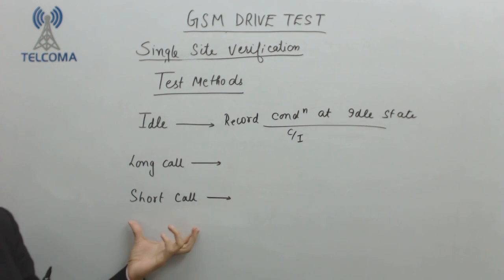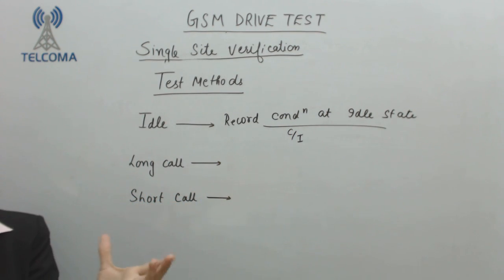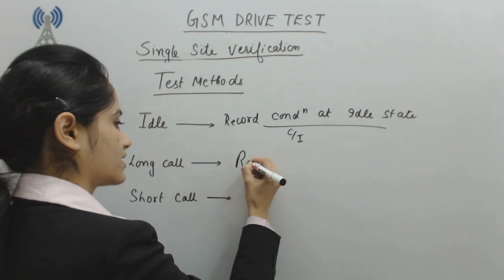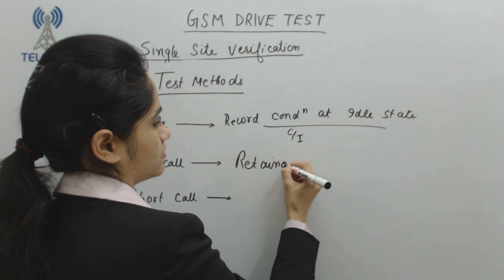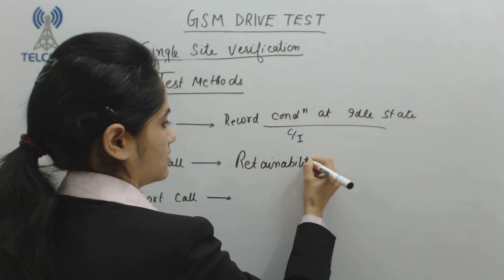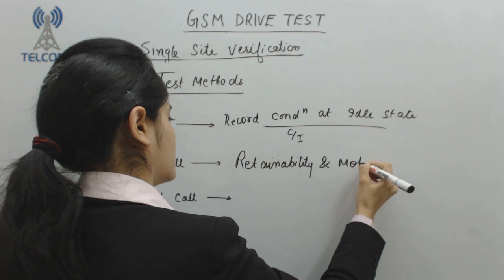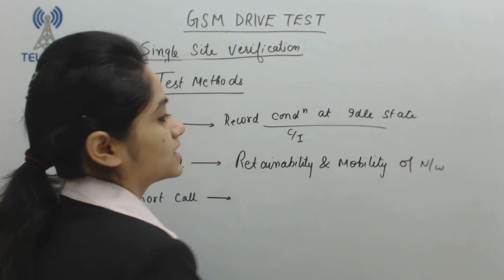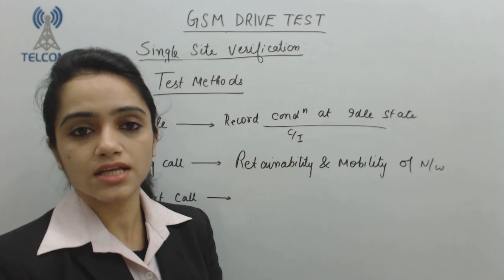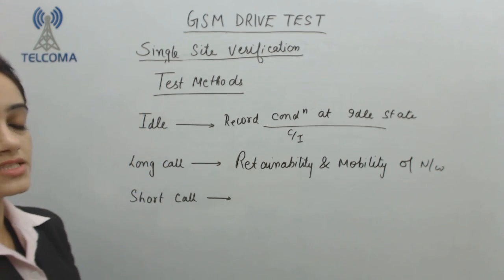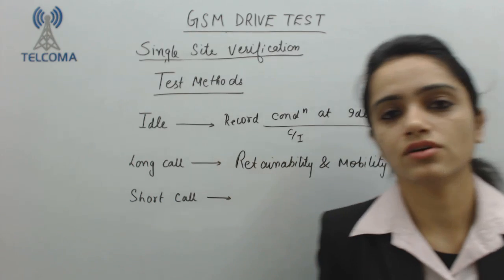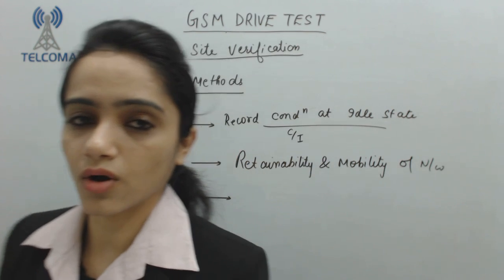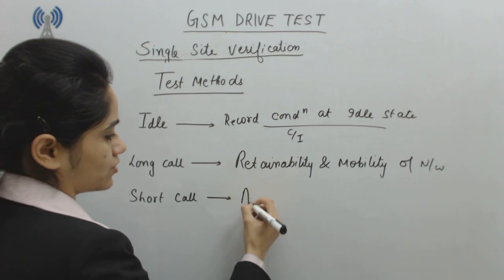Now the long call method is there to check the retainability and mobility of the network. That means how efficient the network is to retain a call during mobility is retainability. Then why is the short call there?